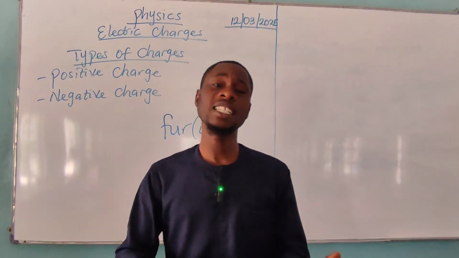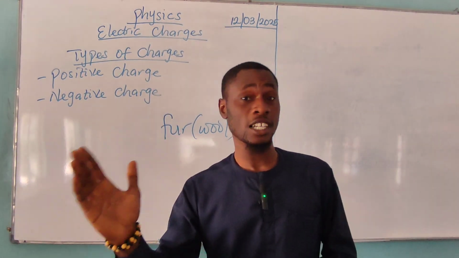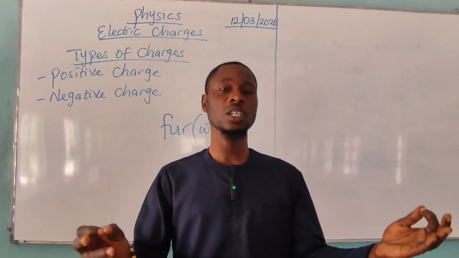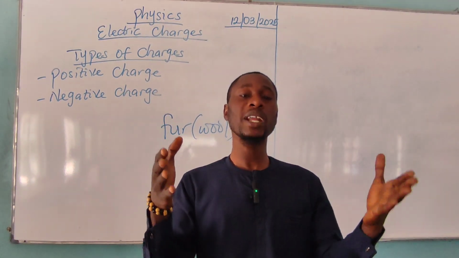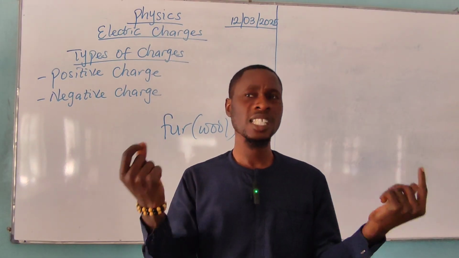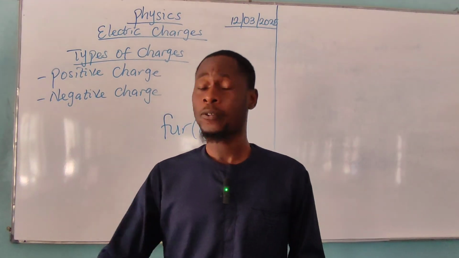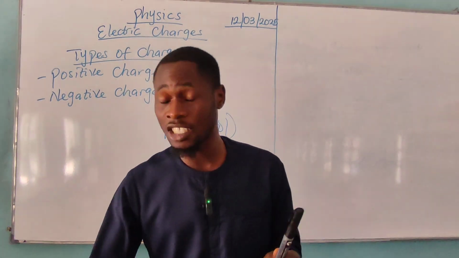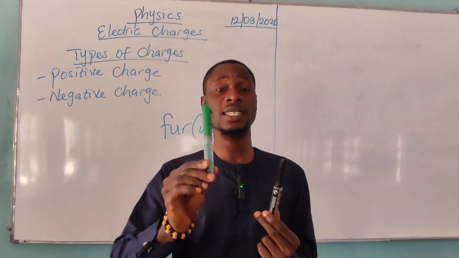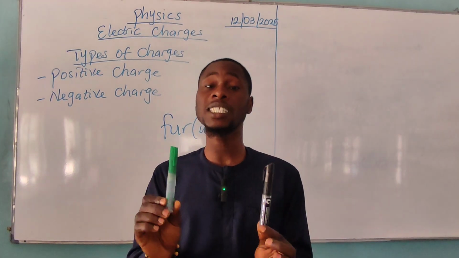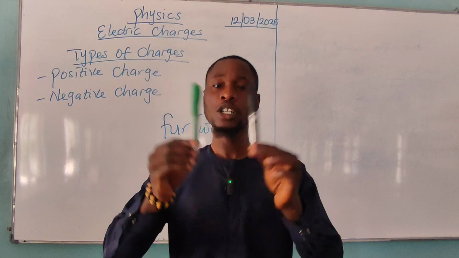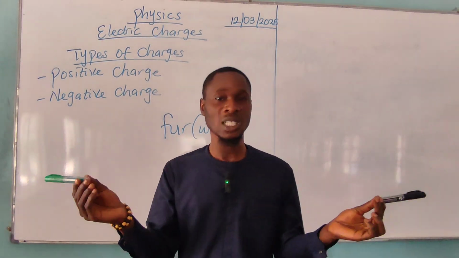However, when you obtain this positively charged glass rod and this negatively charged ebonite rod and bring them together, they tend to attract each other. Similarly, when you have two positively charged glass rods and try to bring them closer together, they tend to repel away from each other.